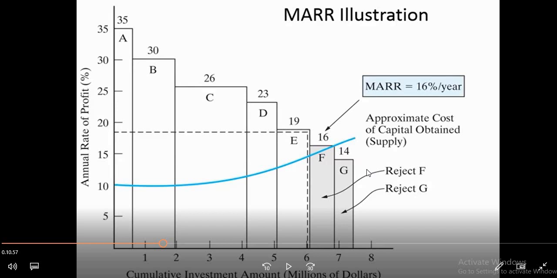So there is a minimum interest rate at which the company should work, so that the company will pay the installment of that particular loan.